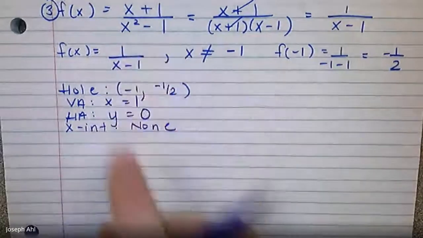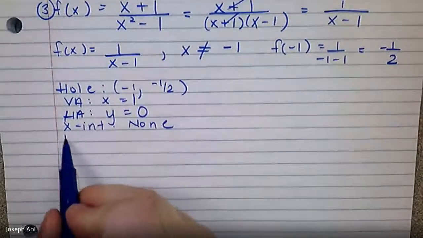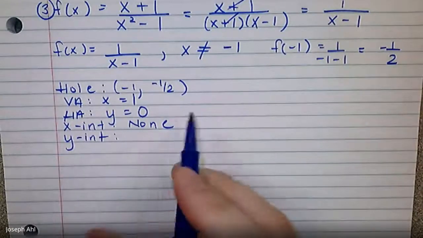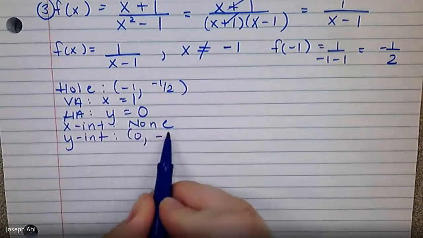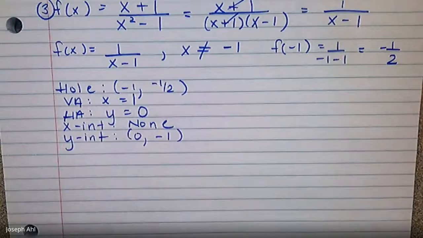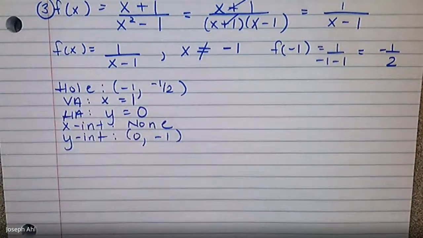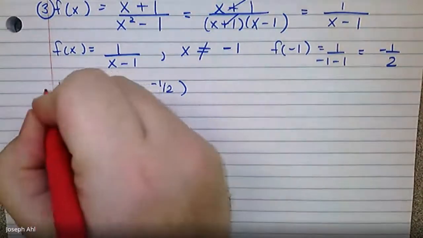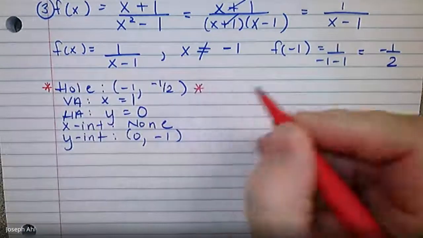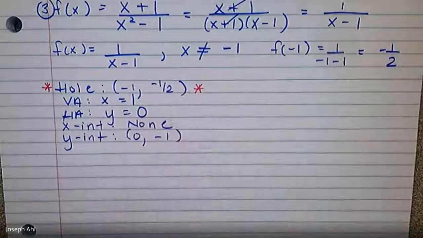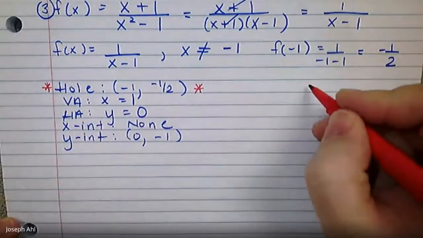If you set the top to 0, you get 1 equals 0. But it does have a y-intercept. If you plug in 0 for x, you get a y value of -1 there. So we should be able to generate that info pretty quickly. But the key idea is that now when I make my sketch, I have to make sure, because it's really easy to identify that and then to kind of forget to include it when you make your sketch over here.